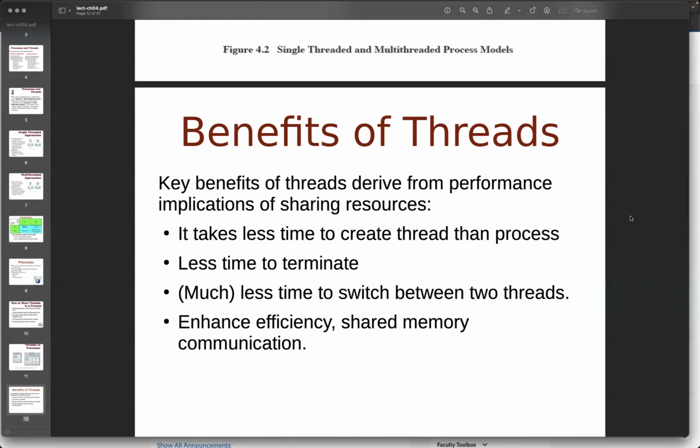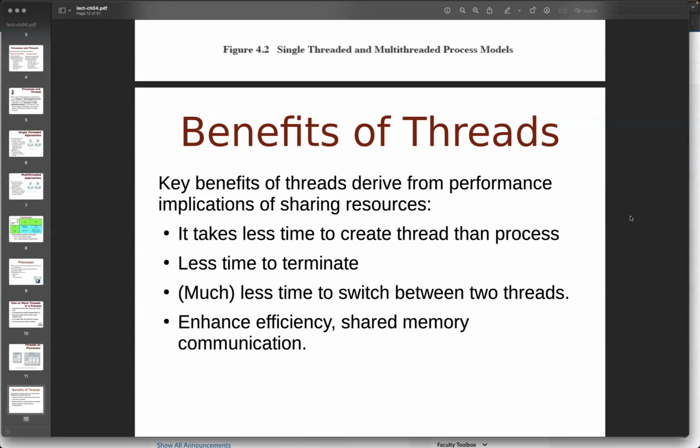It takes less time to create threads than processes, and less time to terminate them. When we make multiple threads, we don't have to execute the whole process; we break it down into small pieces, and when we execute small pieces, it finishes earlier.